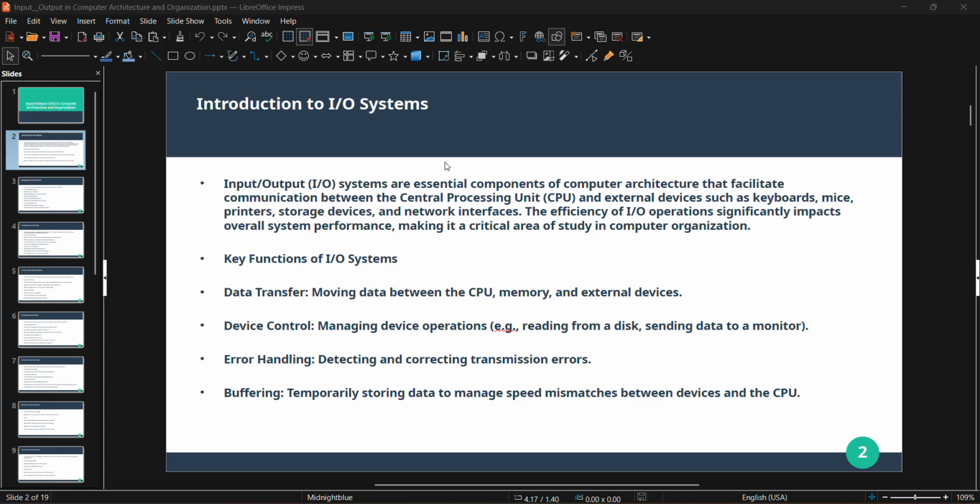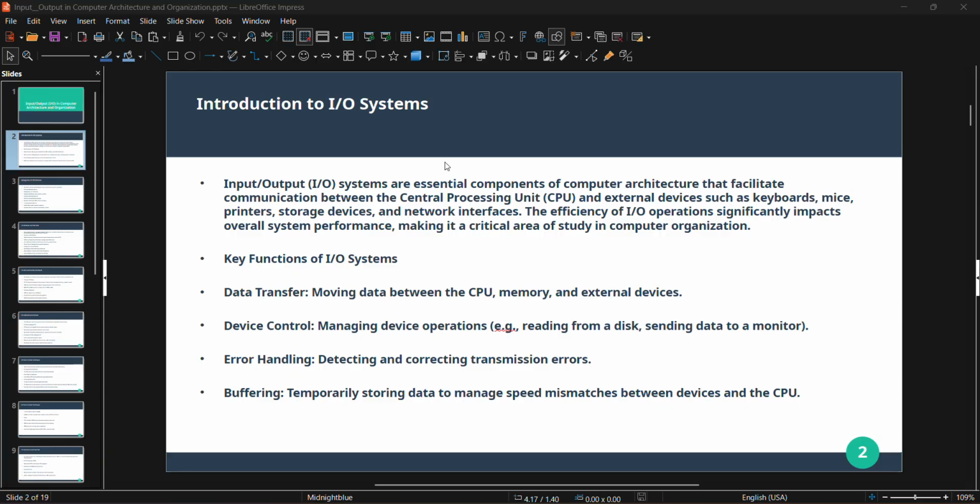So first of all, we need to know what input output systems are. Input output systems are essential components of the computer architecture that enable communication between the CPU and external devices. So what are these external devices? We have keyboards, mice, printers, and all that, right?